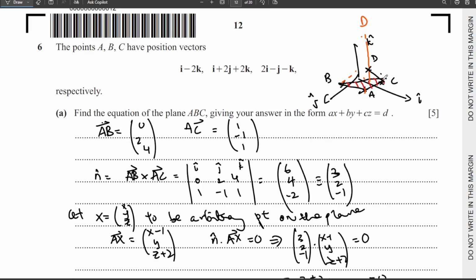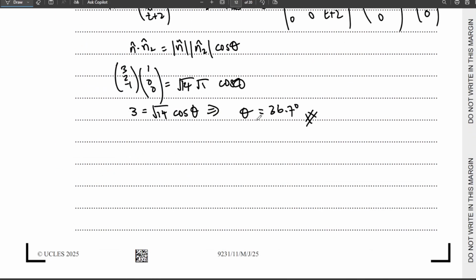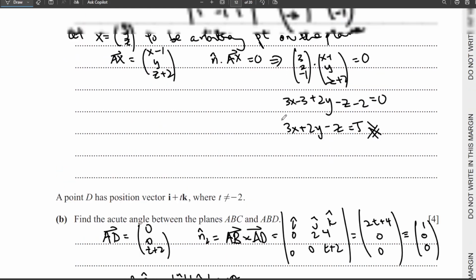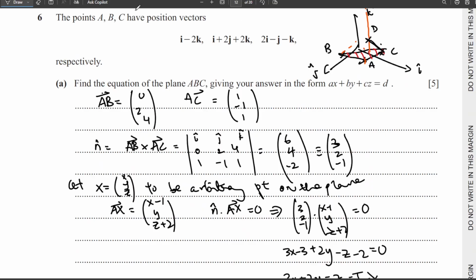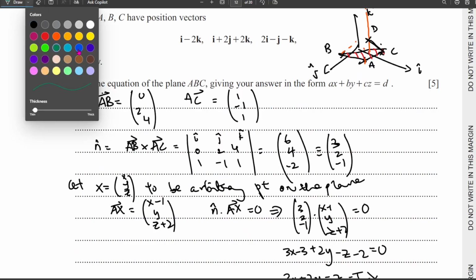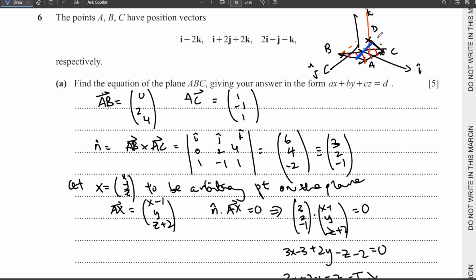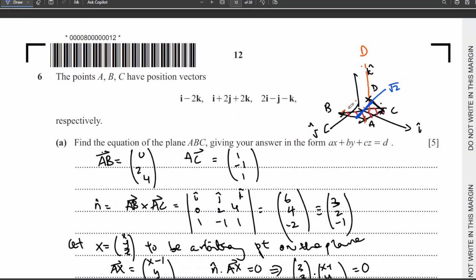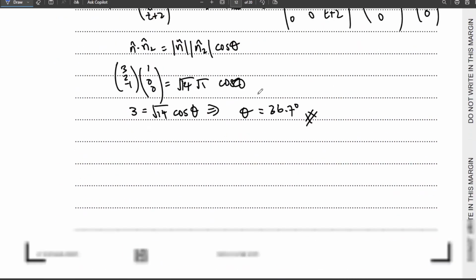So CD looks something like that, and they are not parallel. We know the shortest line between AB and CD, and we want to solve for the case where it equals square root 2. So maybe there's a line here whose magnitude is square root 2, the line between CD and AB.